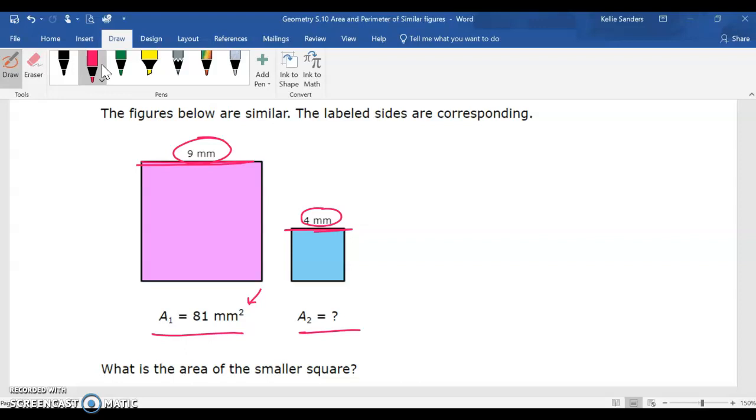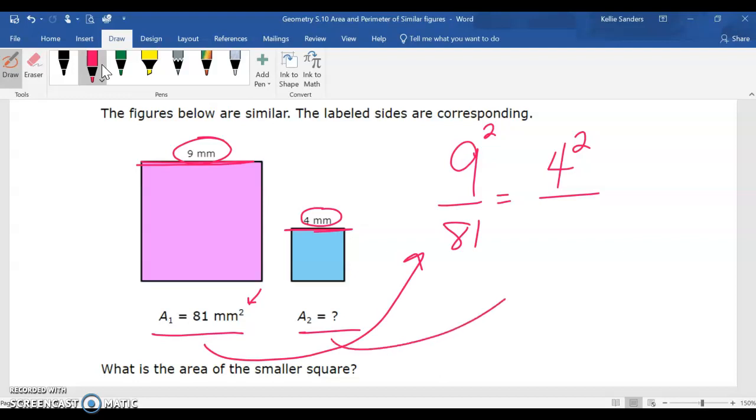So what we're going to do is square both sides and put the areas underneath.